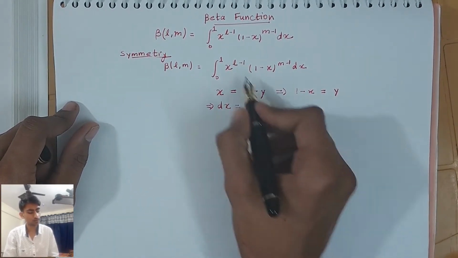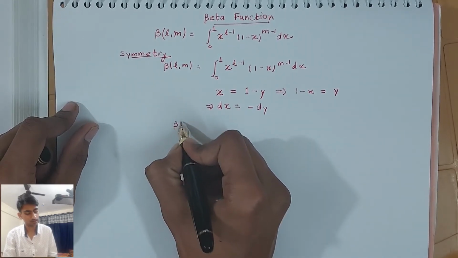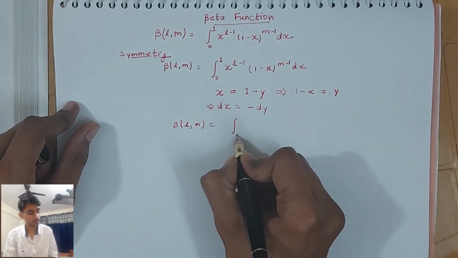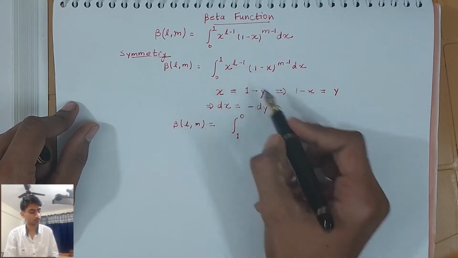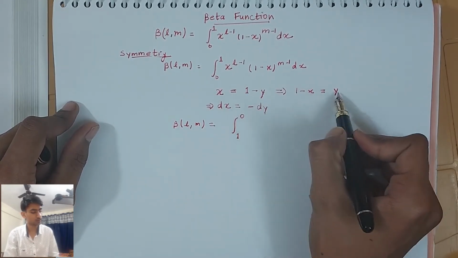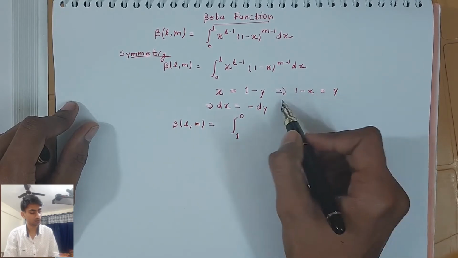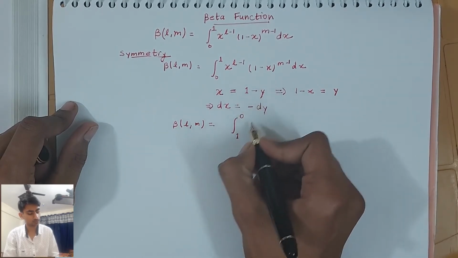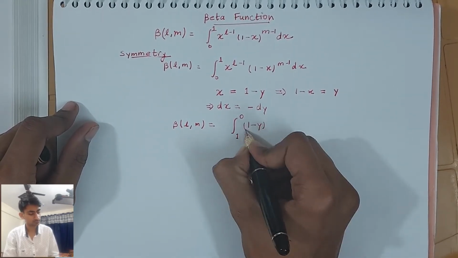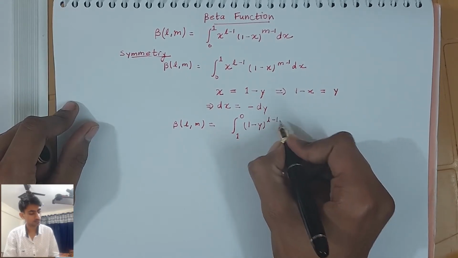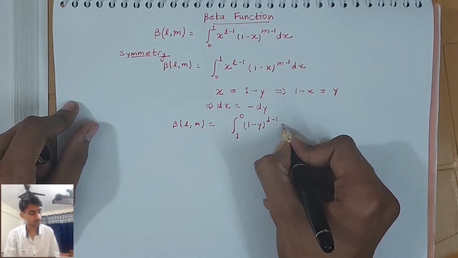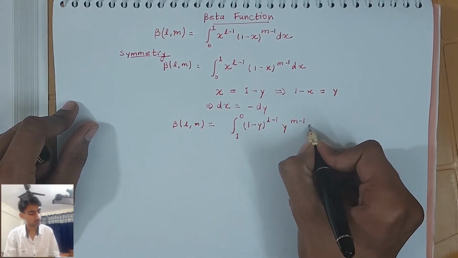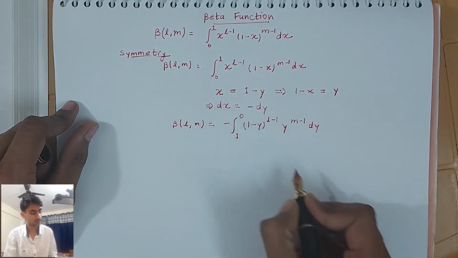If we substitute these values over there, we will get beta of L comma m is equal to integration from 1 to 0. If we put the value 0 over here, y will be 1. If we put 1, y would be 0. So the limits have been reversed. So if we put x as 1 minus y, and 1 minus x as y, and in place of dx minus dy, I'm writing minus sign over here.